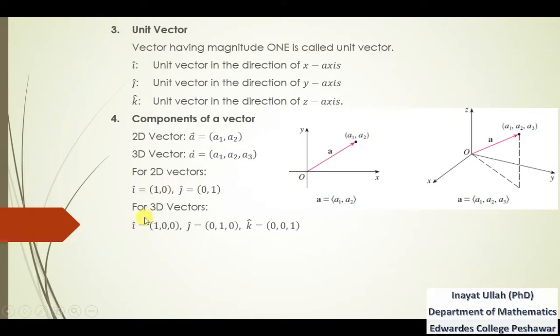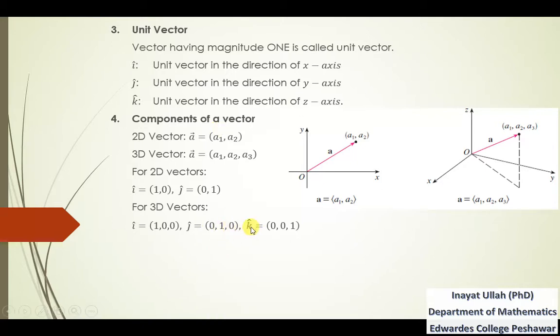Now for 3D vectors, i cap has a component 1 along the x-axis and 0 on both the y and z axes. Similarly, j cap is a unit vector along the y-axis, so its components along the x and z axes are 0, and the component along the y-axis is 1.